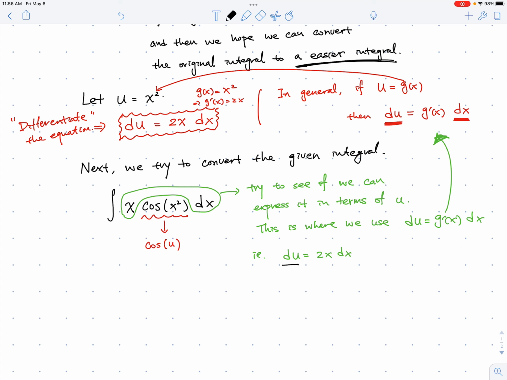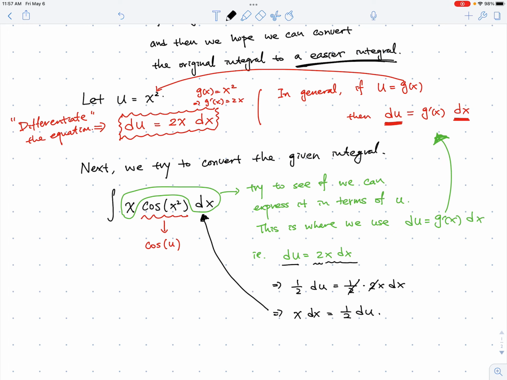If du equals 2x dx, what does that mean? If you divide this equation by 2, you end up getting x dx equals 1/2 du. Why do I want x dx in terms of du? Because that is what we have in the green.